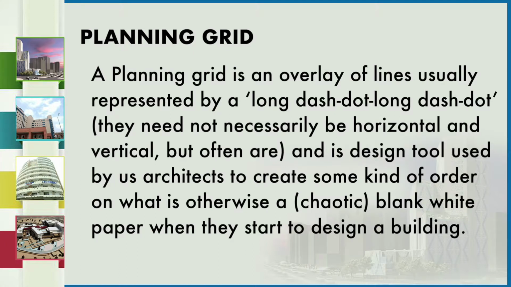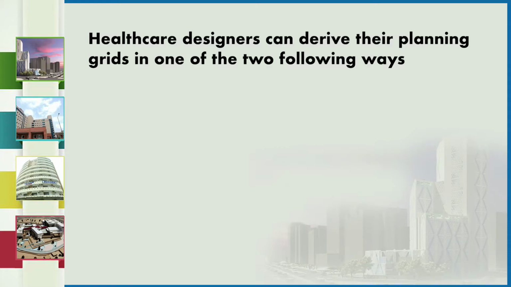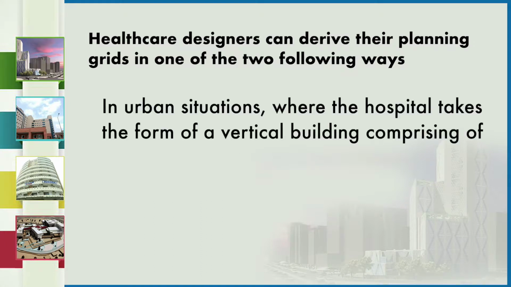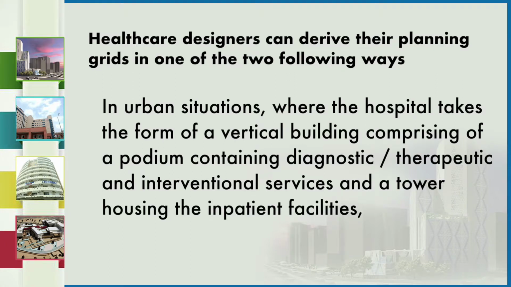They need not necessarily be horizontal and vertical, but they often are, and it is a design tool used by us architects to create some kind of order on what is otherwise a chaotic, blank, white paper when they start to design a hospital building. Healthcare designers can derive their planning grids in one of the two following ways.